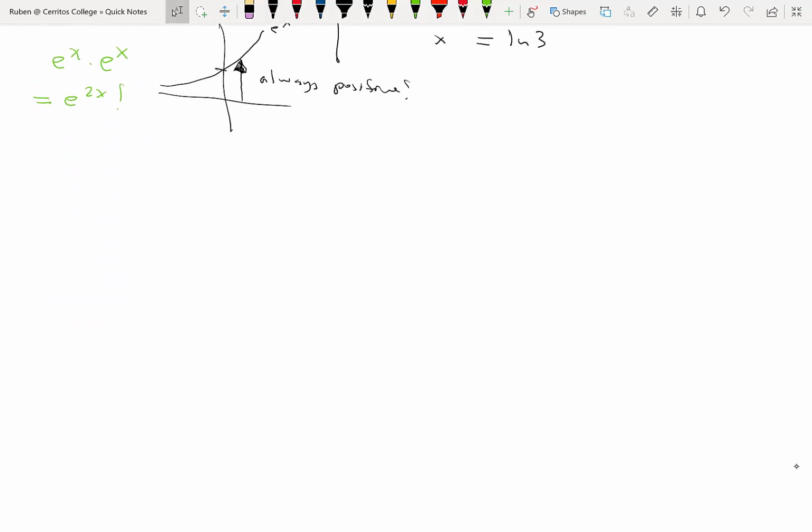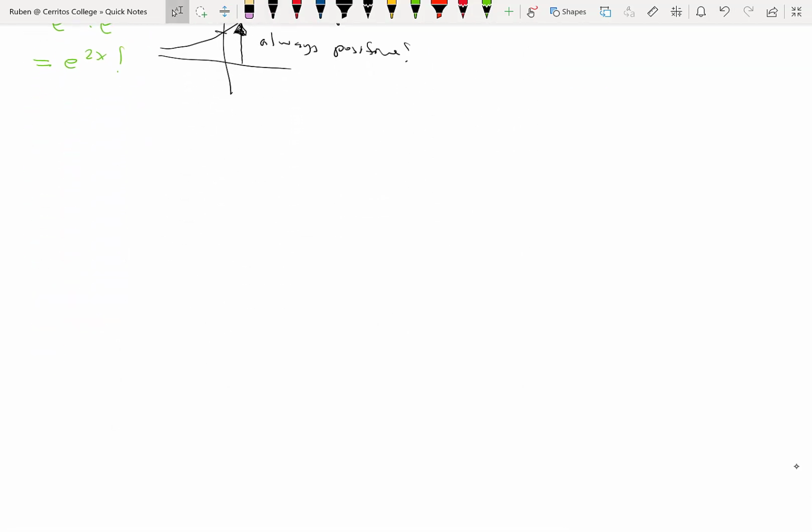Let's look at one more graph before we get to some calculus. I want to consider now another popular function: f of x equals e to the negative x. This is also an exponential function, but it looks different from e to the positive x. So let's take a little trip back to pre-calc.